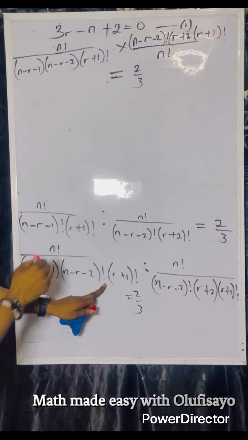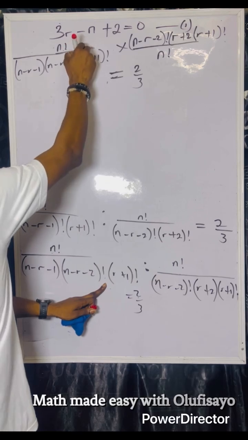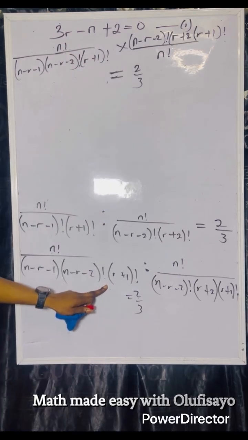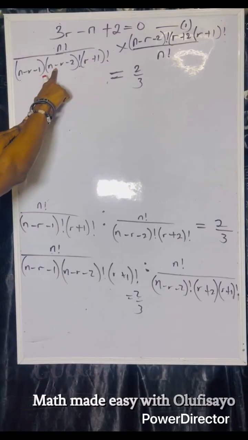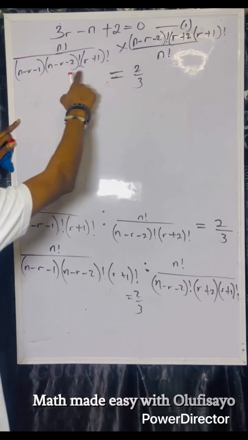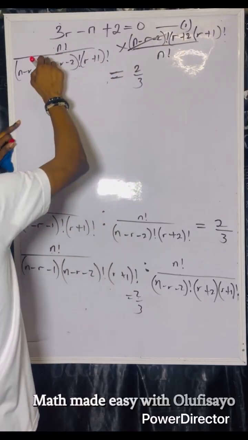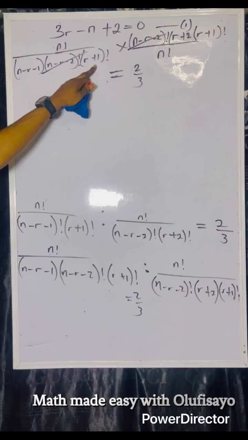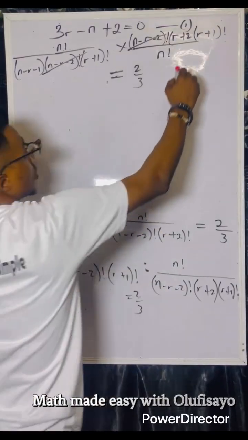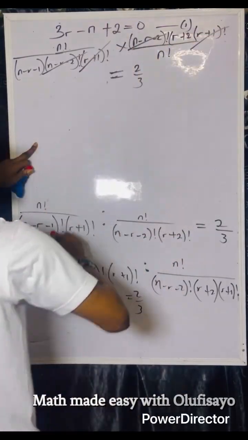Sorry, don't forget the factorial over here. It's very, very important. Now, we can see that (n minus r minus 2) factorial can cancel (n minus r minus 2) factorial. Similarly, (r plus 1) factorial can also cancel (r plus 1) factorial.